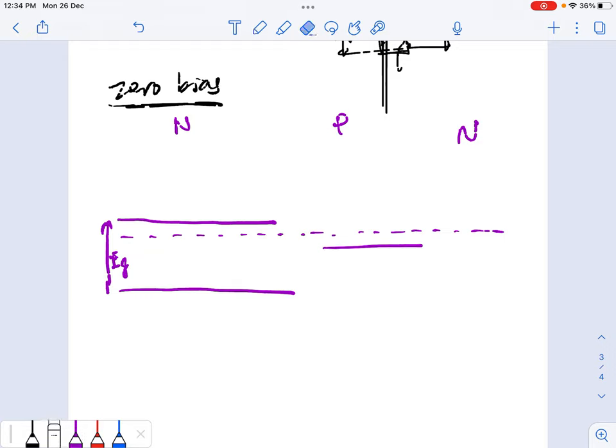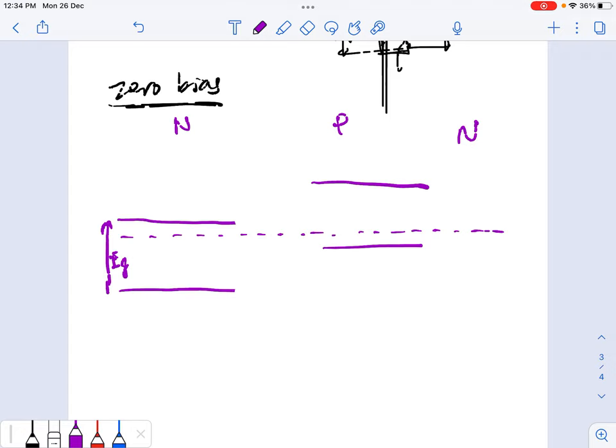Maybe I should reduce it a bit over here so I can draw. It's closer. So this is the P side, roughly a homojunction, like that.